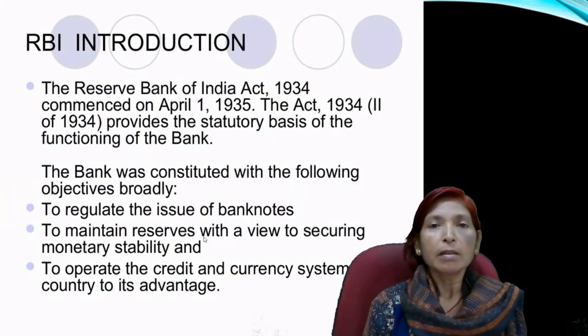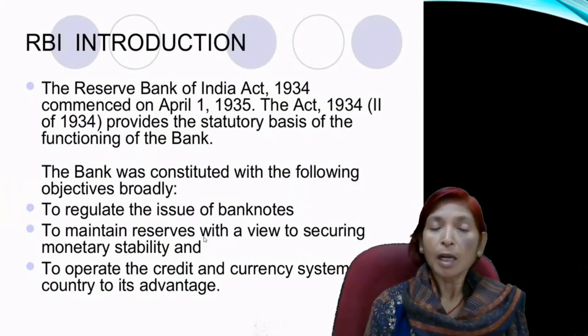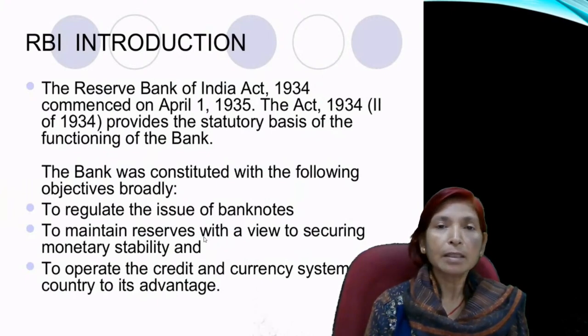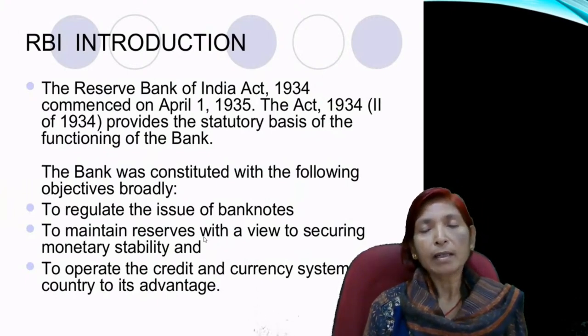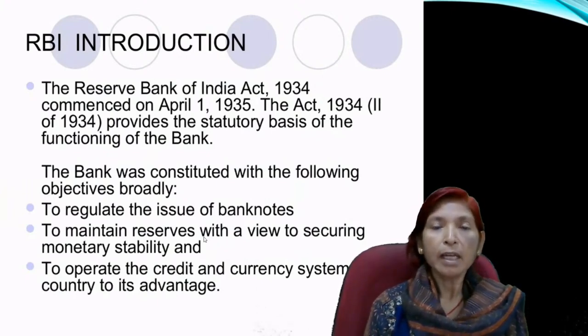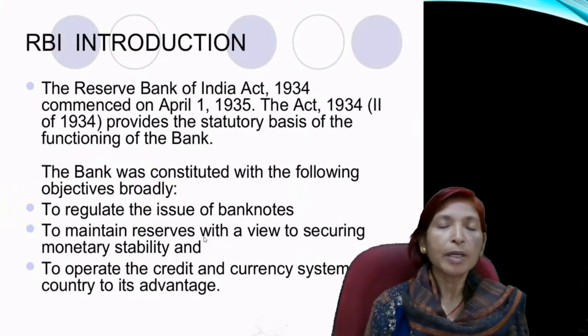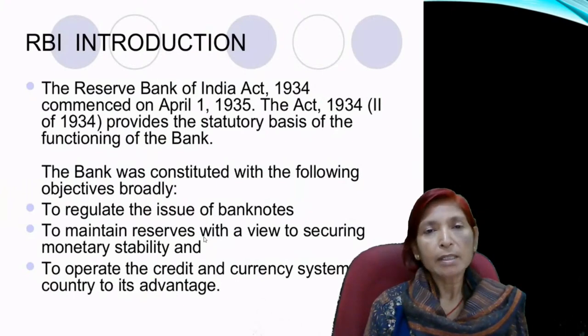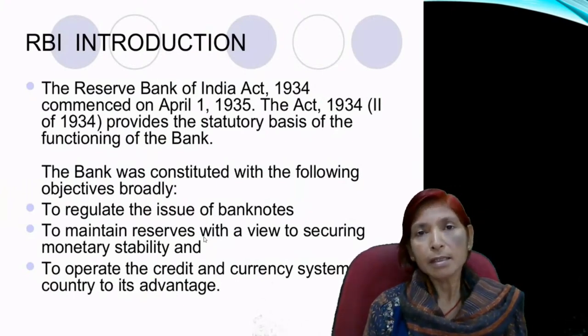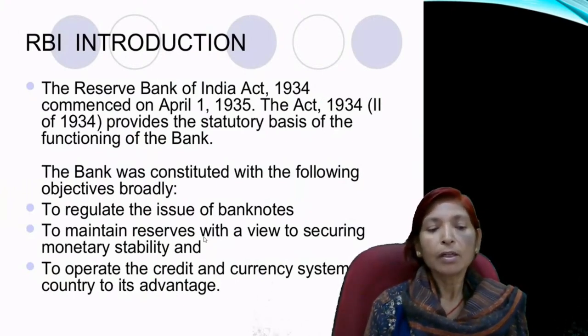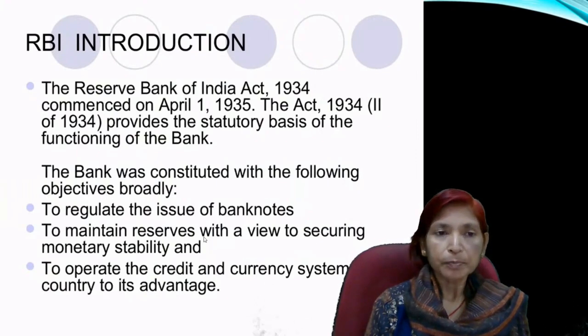The main purpose of the RBI is to regulate the issue of bank notes, to maintain reserves with a view to securing monetary stability, and to operate the credit and currency system of the country to its advantage.